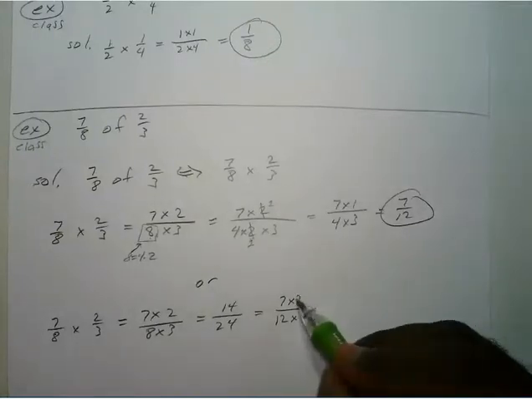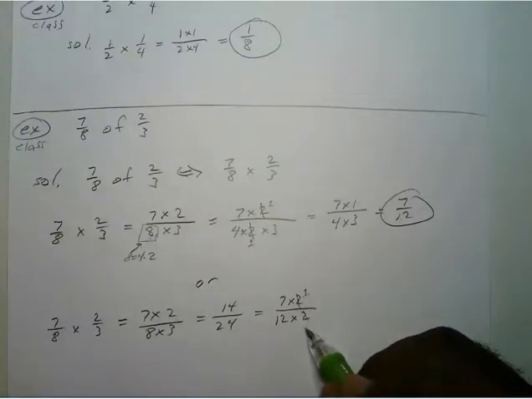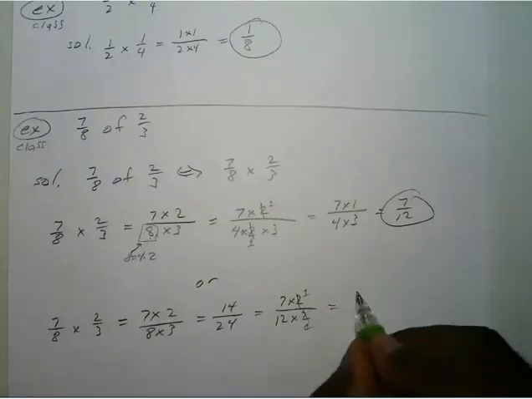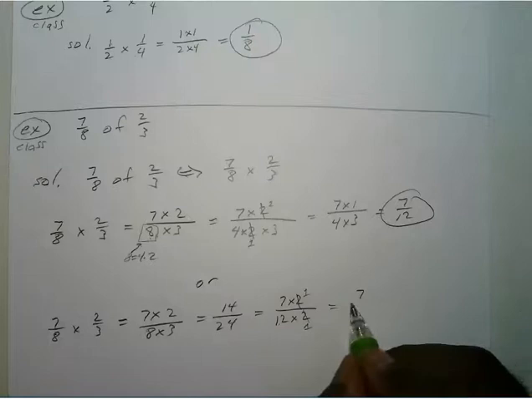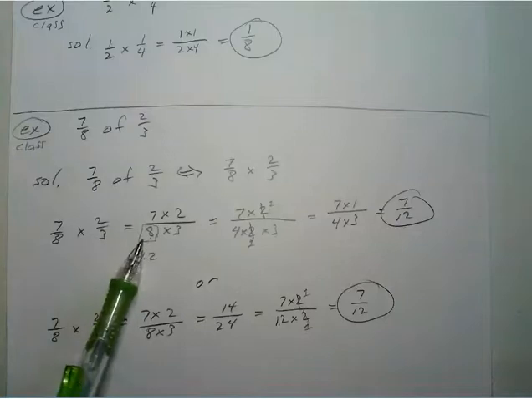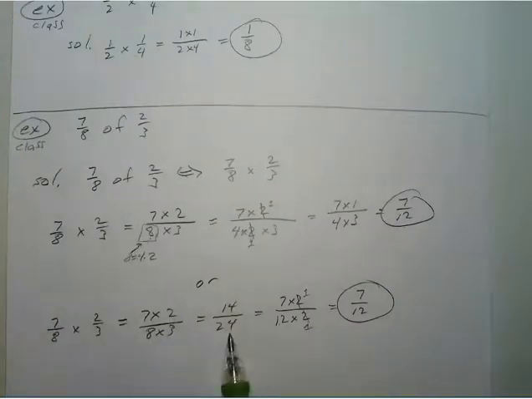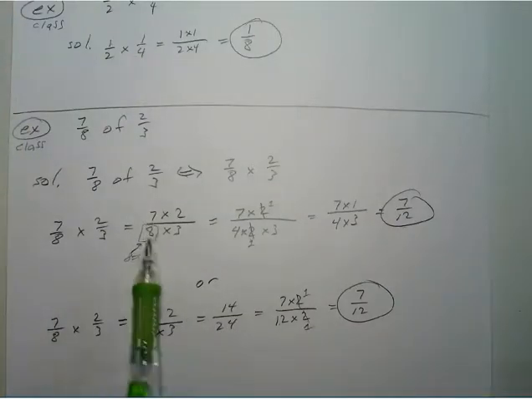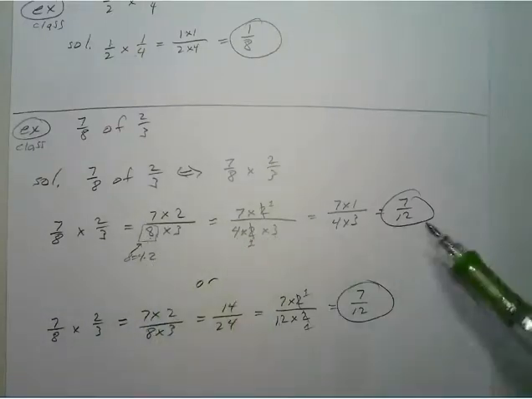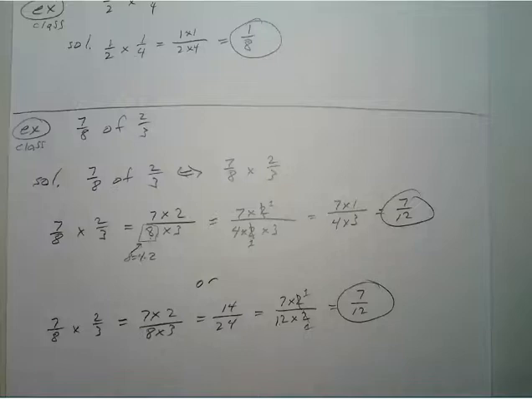Anything divided by itself is just 1, so those two cancel out, and you end up with 7 over 12. Either way you get the same answer. But depending on how large the number would get once you multiply it, it's sometimes easier to factor before you multiply, because the number gets really big and you have to figure out which value cancels and what the factors are.